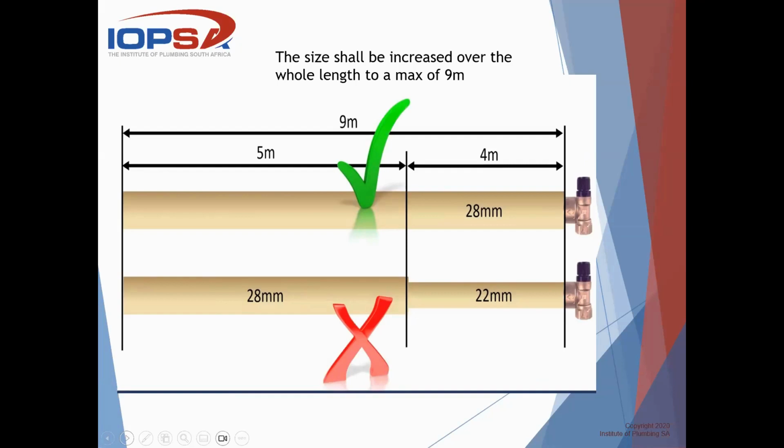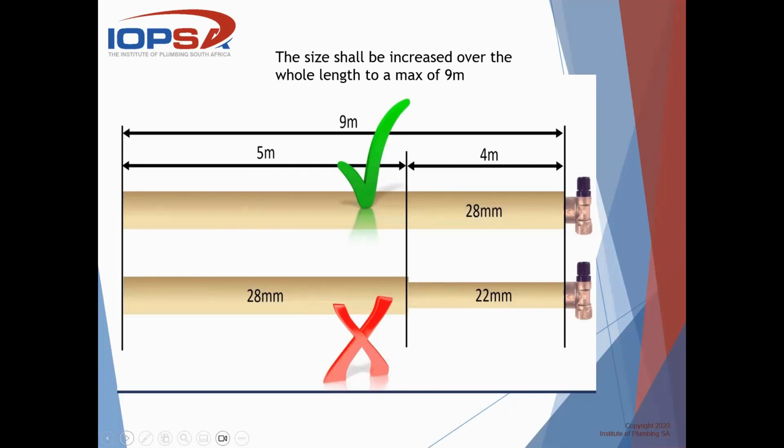So it'll be a 28 mil, and then that must be over the whole length. So the 4 meters where it was initially connected in 22, you can't use 22. As the standard says, it's got to be upsized to the next size, which is 28. And that is from the TP all the way to the discharge point, but maximum 9 meters. That's very, very important to bear in mind.